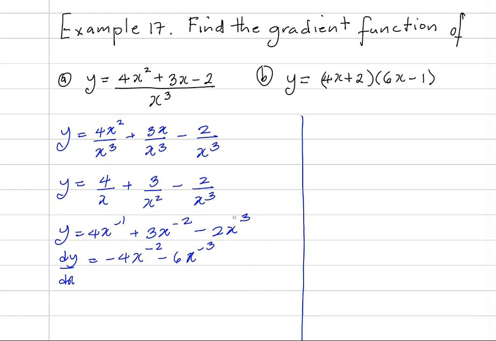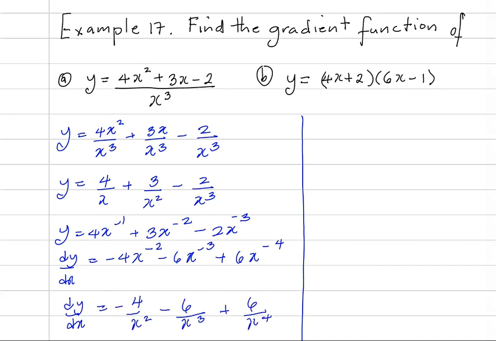This should have been a negative 3 here. So a negative times a negative is a positive 6x to the minus 4. So dy by dx would be equal to minus 4 over x squared minus 6 over x cubed plus 6 over x to the fourth power.